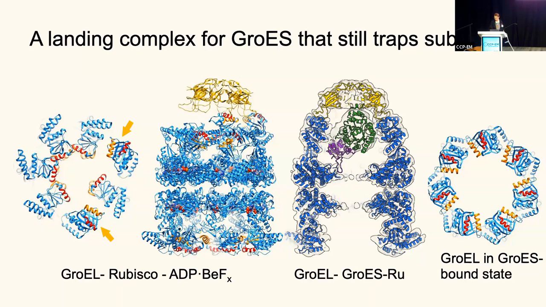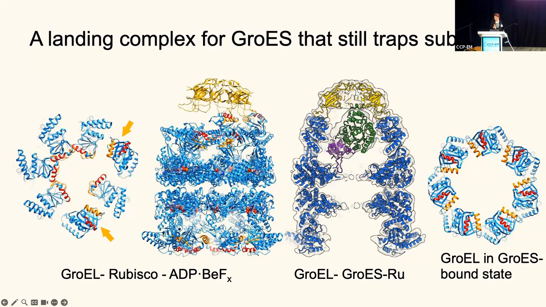Well, we're nowhere near that resolution, but what's very clear is that there isn't room for water in a lot of this interface. The surface of the protein has to get substantially dehydrated to fit into something this tight. So the GroEL and the substrate are really jammed up against each other.